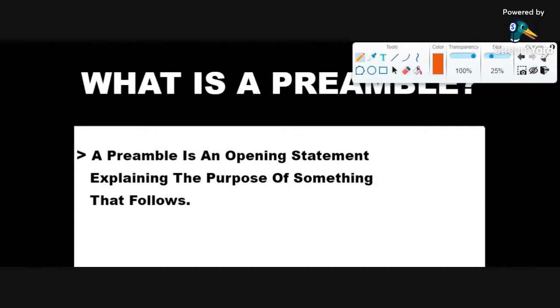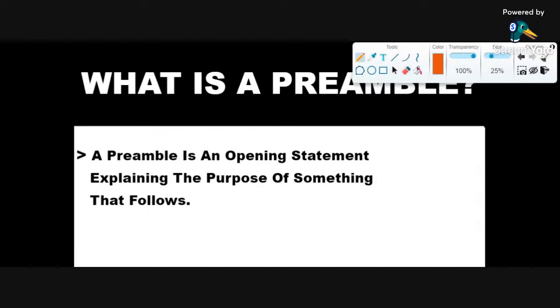And the word preamble in English has different shades of meaning, and you may use a preamble to refer to the introductory part of a legal document, such as a country's constitution. The preamble is the part that simply presents the constitution and says, look, this is the constitution. This is what the people have agreed.